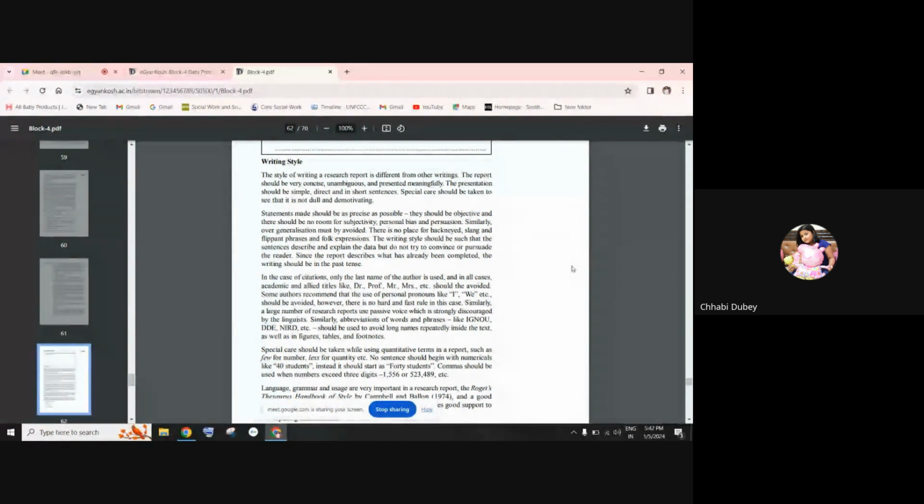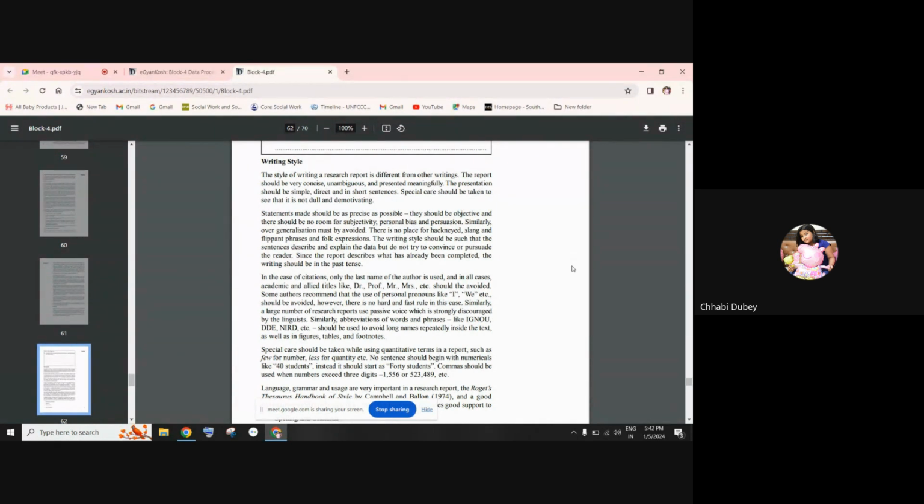The language should not be dull or demotivating. This is something which we need to take special attention of. And the statements should be as precise as possible. They should be objective, and there should be no room for subjectivity or any kind of personal bias.